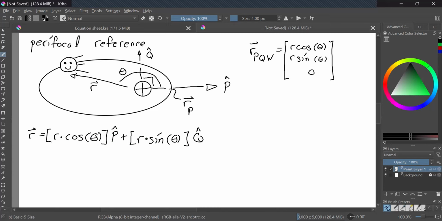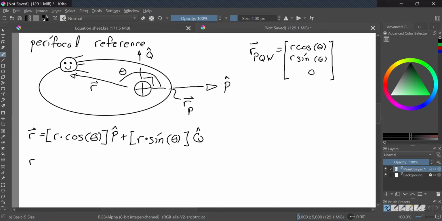And then because it's plus 0 in the w direction, I'm not going to bother writing that. Spoiler alert, there's not a whole lot of excitement that happens in the w direction. So I'm going to be ignoring it. At least for now. Will I stop ignoring it later? Who knows?